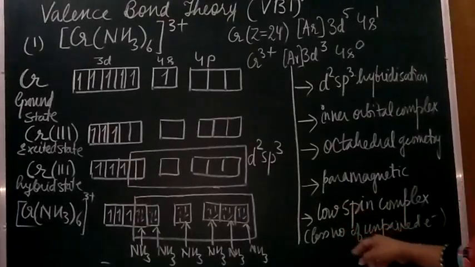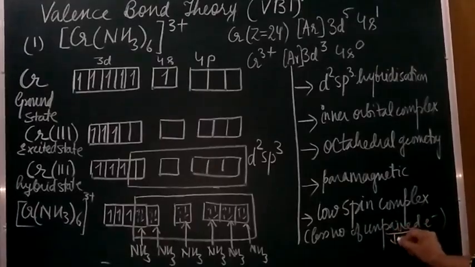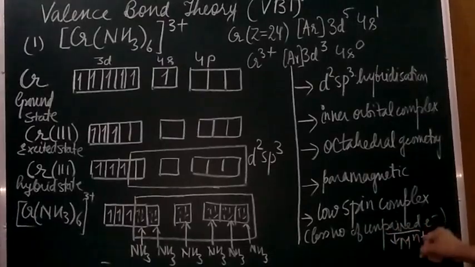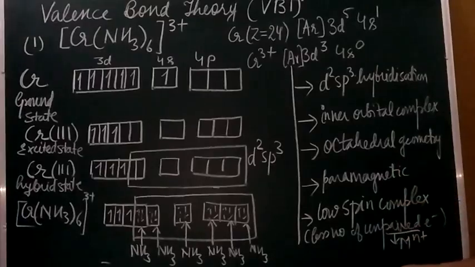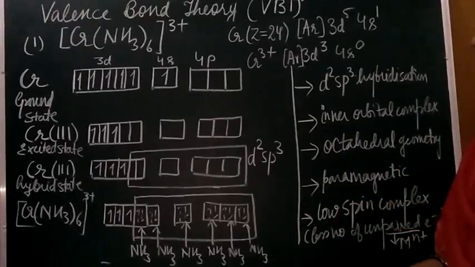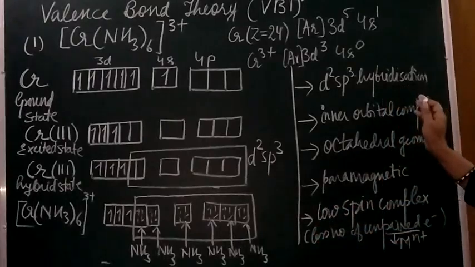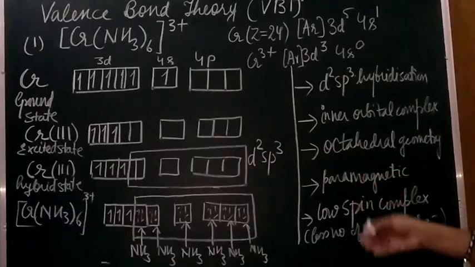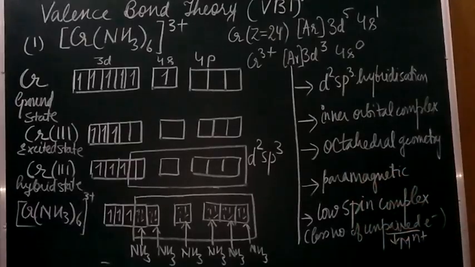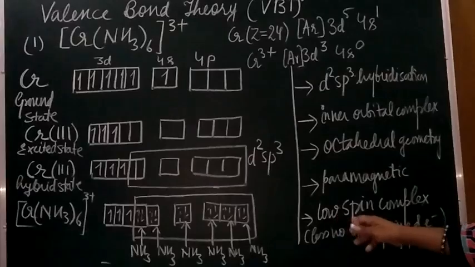This is for the central metal ion. Now the low spin complexes are complexes which are formed as inner orbital complexes. They are mainly known as low spin complexes, as the number of unpaired electrons in the central metal ion is always less. So it will be known as a low spin complex.